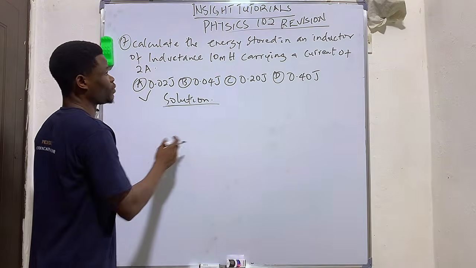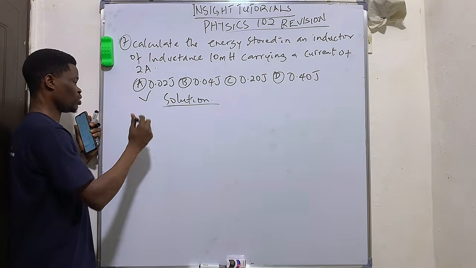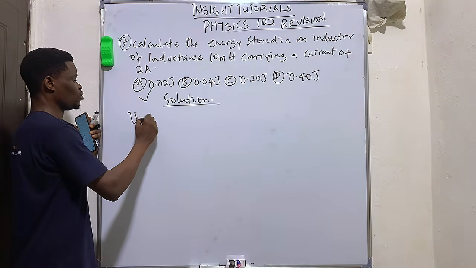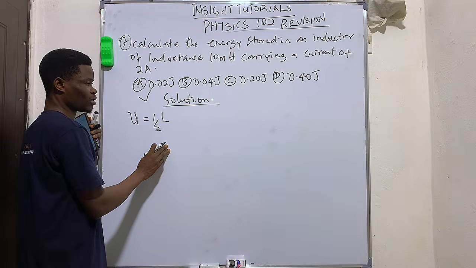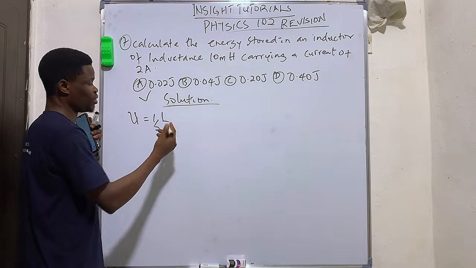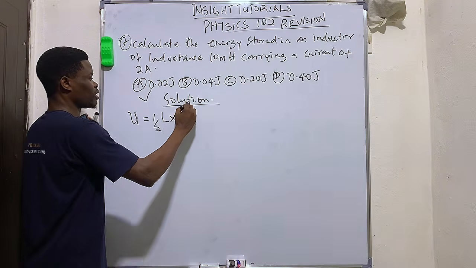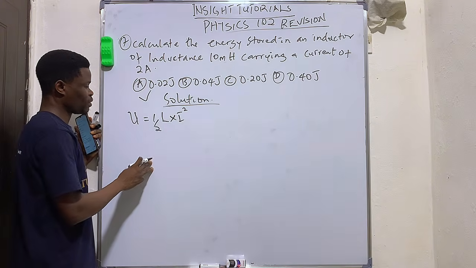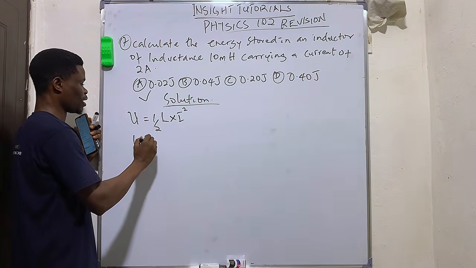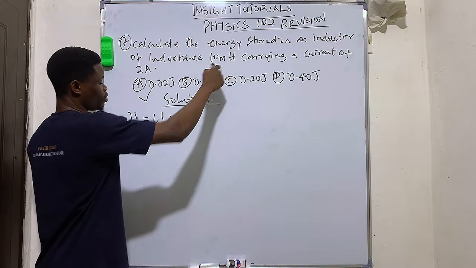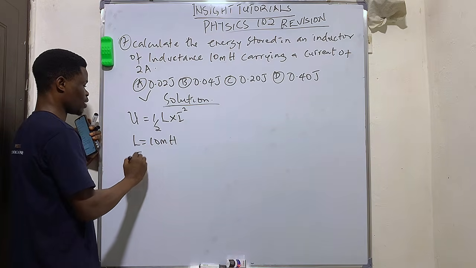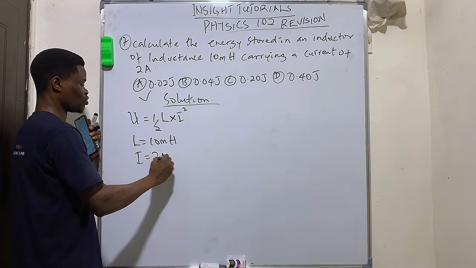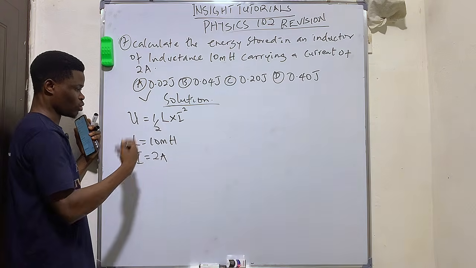The formula for calculating energy stored in an inductor is given as U equals half times our inductance L, which is measured in Henry, times our current squared, right? So our inductance was given as 10 millihenry, and our current as 2 ampere.